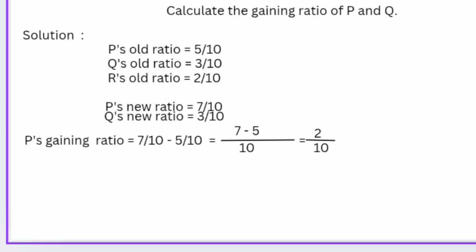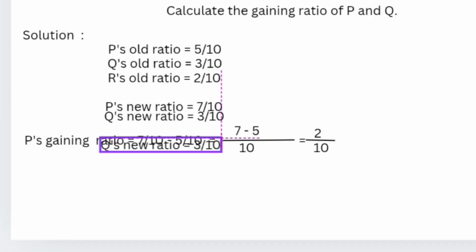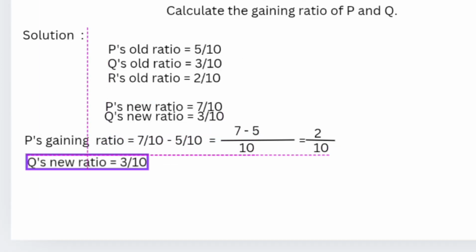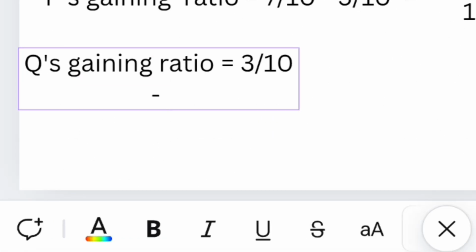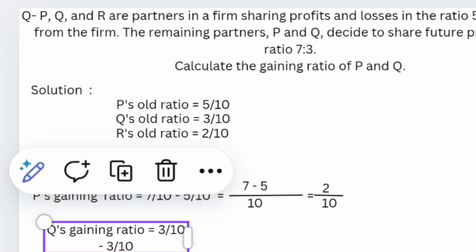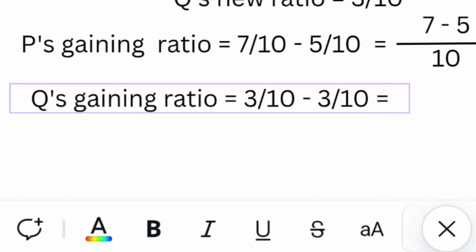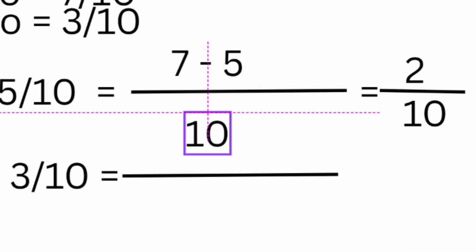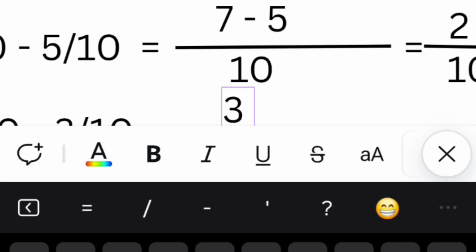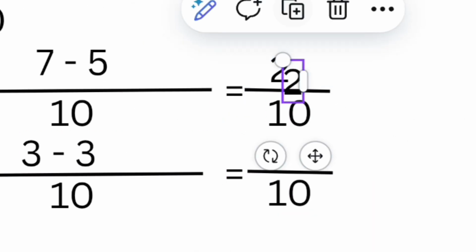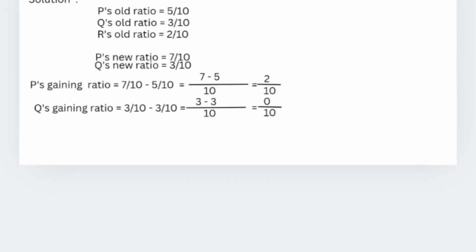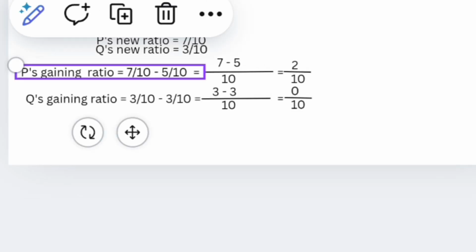Now we'll move to Q new gaining ratio. So from this calculation we can see that only P gets the gaining ratio, since Q's gaining ratio is 0, so we'll write.